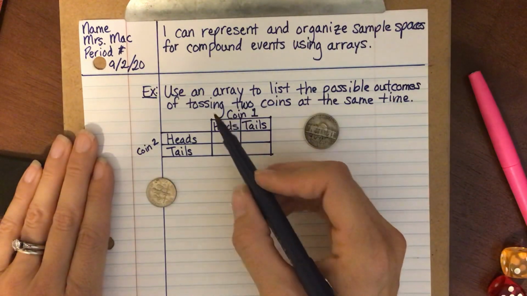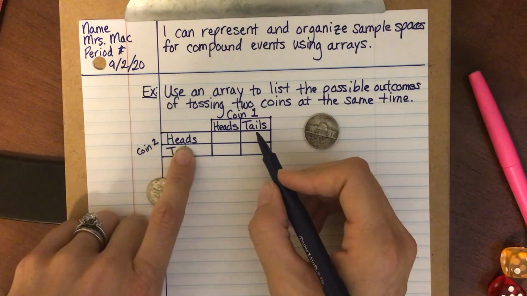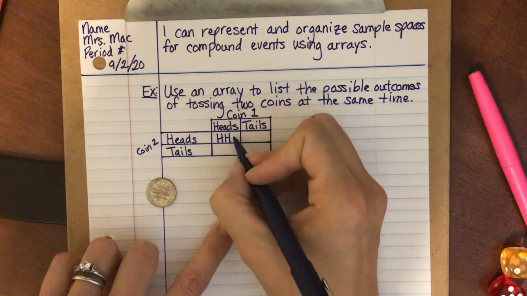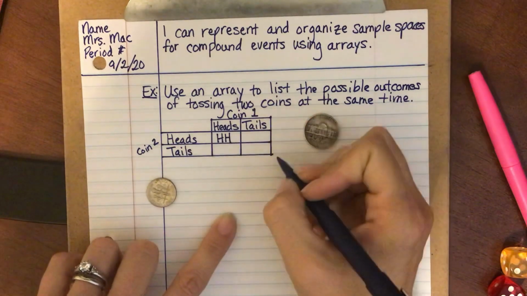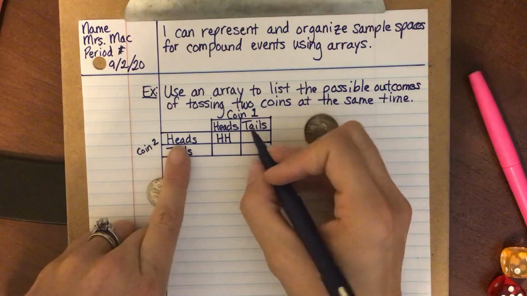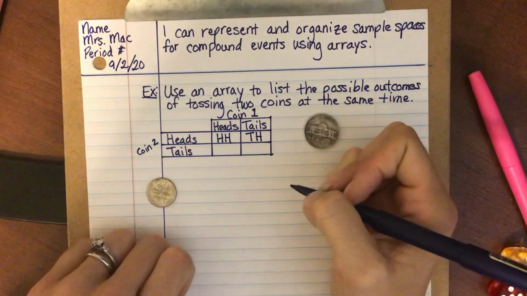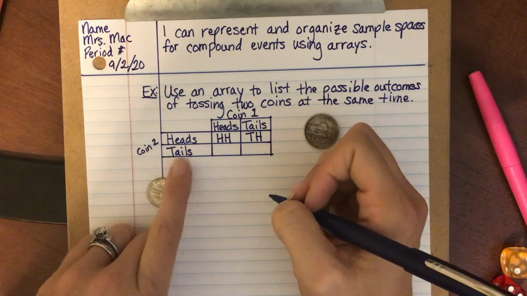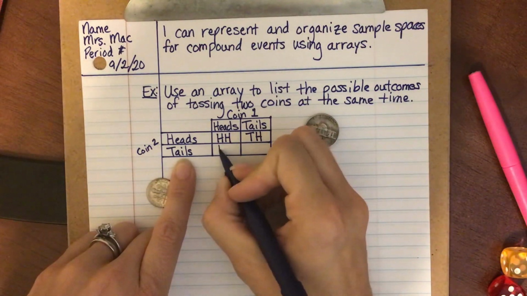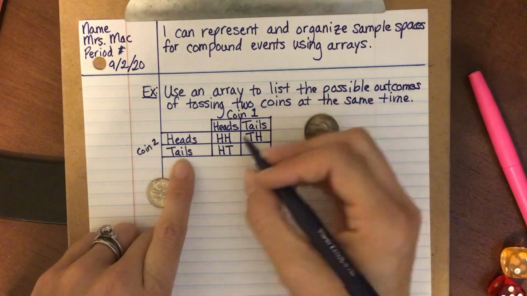So if coin 2 is heads, then coin 1 could also be heads. We're going to abbreviate this HH, saying that coin 1 is heads, coin 2 is heads, so the outcome is heads, heads. Now if coin 1 is tails and coin 2 is still heads, then we have tails, heads. Now let's say that coin 2 is tails and coin 1 is heads, so heads, tails.